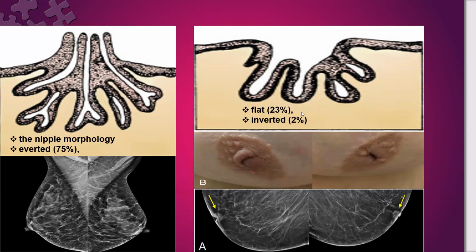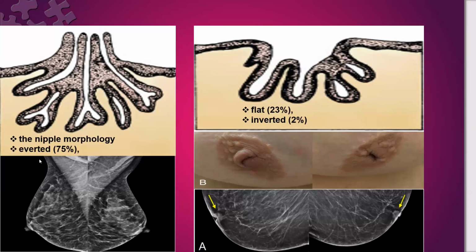In 2% of women, expect the nipple, even unilateral or bilateral, to stay in its situation of inversion. And in 23%, the morphology might be flattened. Yani, not completely everted. Just start to get everted, but it failed to completely evert and it become flattened.